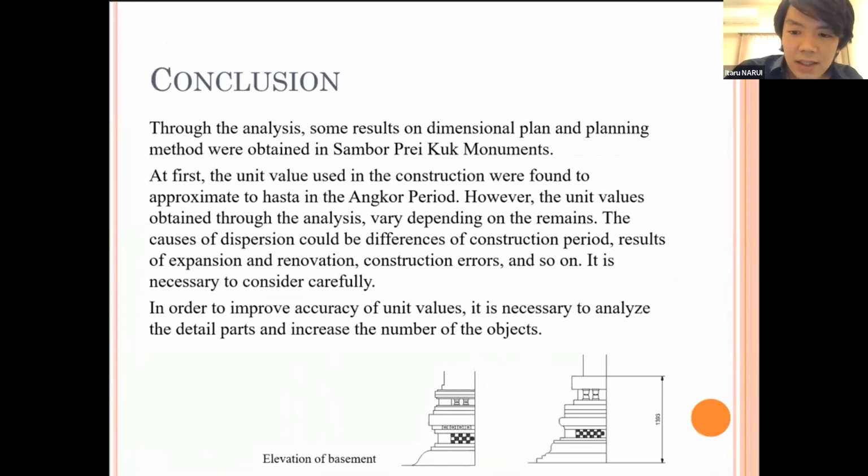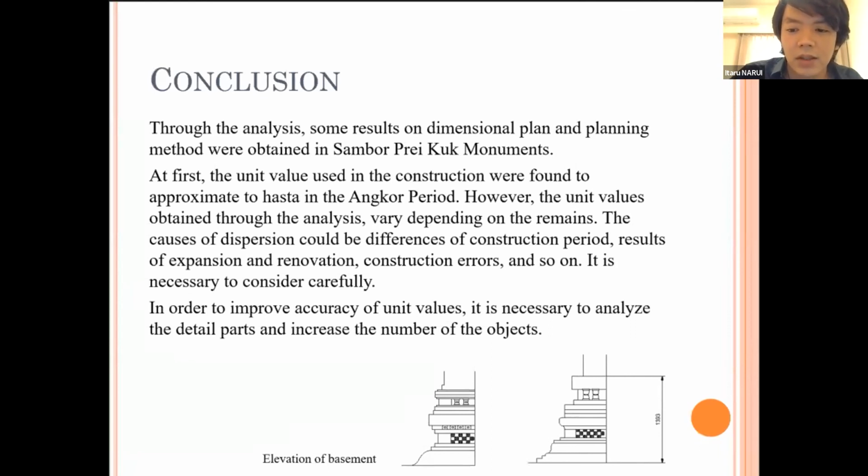Through the analysis, some results on dimensional plan and planning method were obtained in Sambor Prei Kuk monuments. At first, the unit of value used in the construction was found to approximate the hasta of the Angkor period. However, the unit values obtained through the analysis vary depending on the remains.